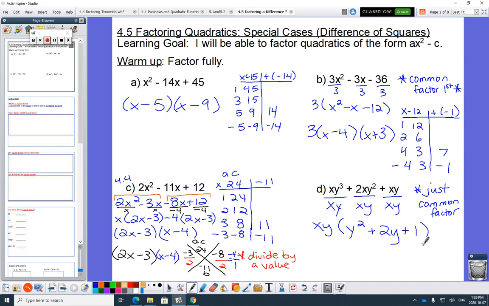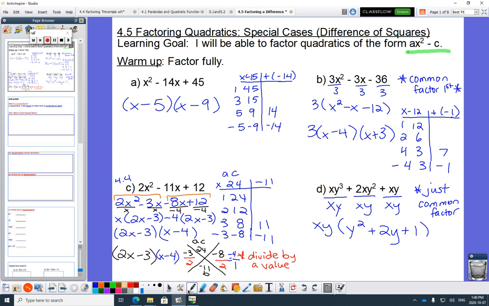So in this lesson, we're going to do special quadratics, and sometimes students get a little bit arrogant, and they think it's going to be easy, and really it should be easy, but when you put them all together, it can be difficult to see. So we have a special form in 4.5. We're going to have 2 squared terms.